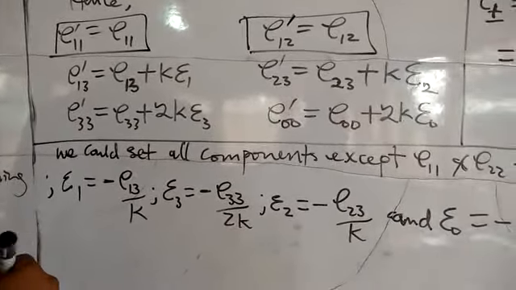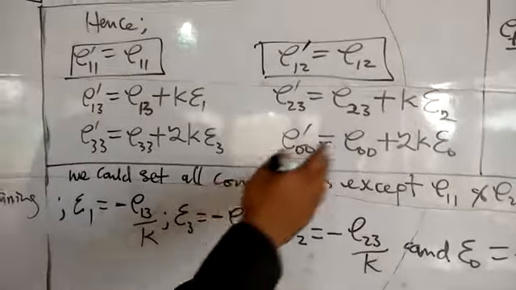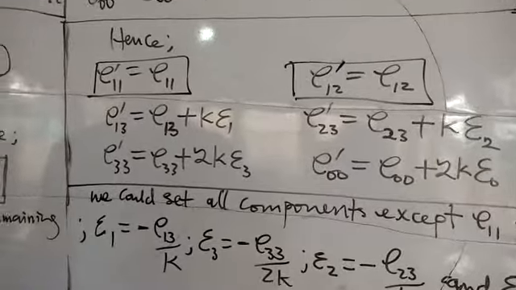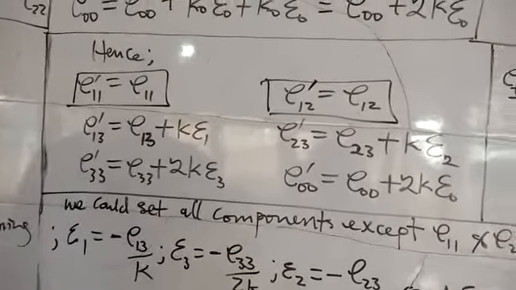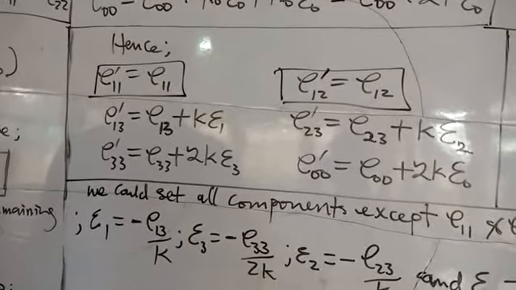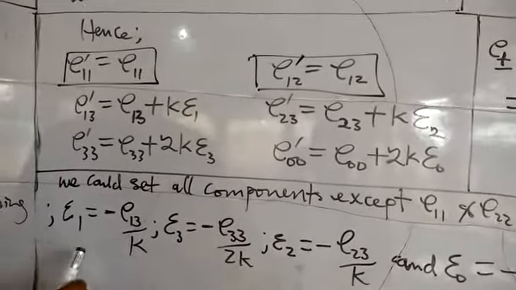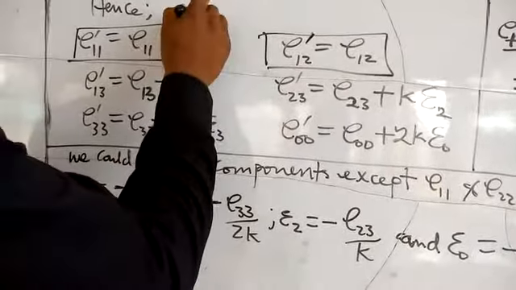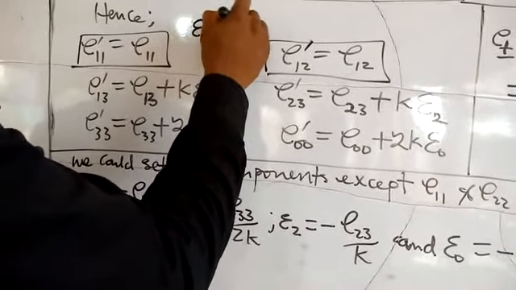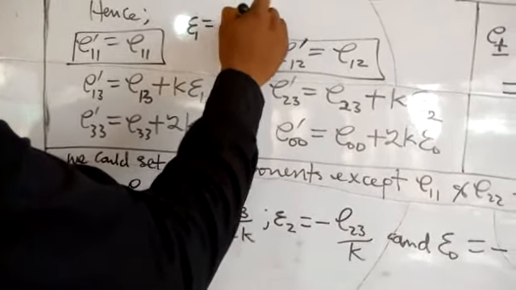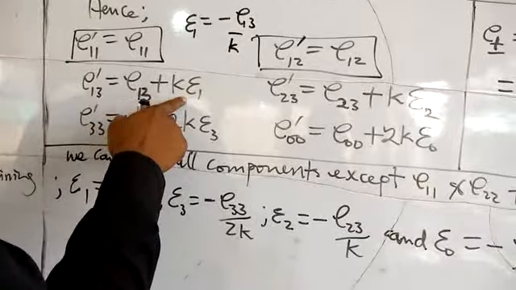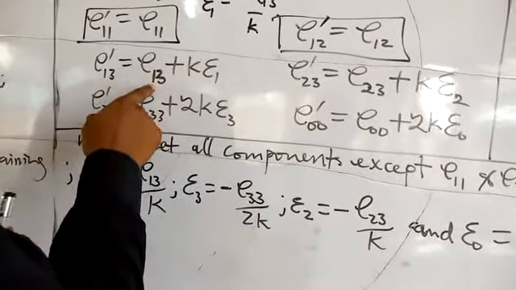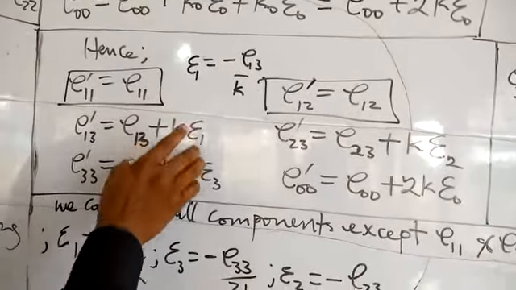But then, of course, if you recall, these other ones here that are changed by this transformation, we could, as a matter of fact, send them to 0 after transforming them by making the following tricky transformation. You can see if I were to set epsilon sub 1 to be equal to minus E sub 1,3 all over K, if I substitute that here, you can see that the K will cancel that. Then it will be left with E sub 1,3 minus E sub 1,3, and that will be 0.